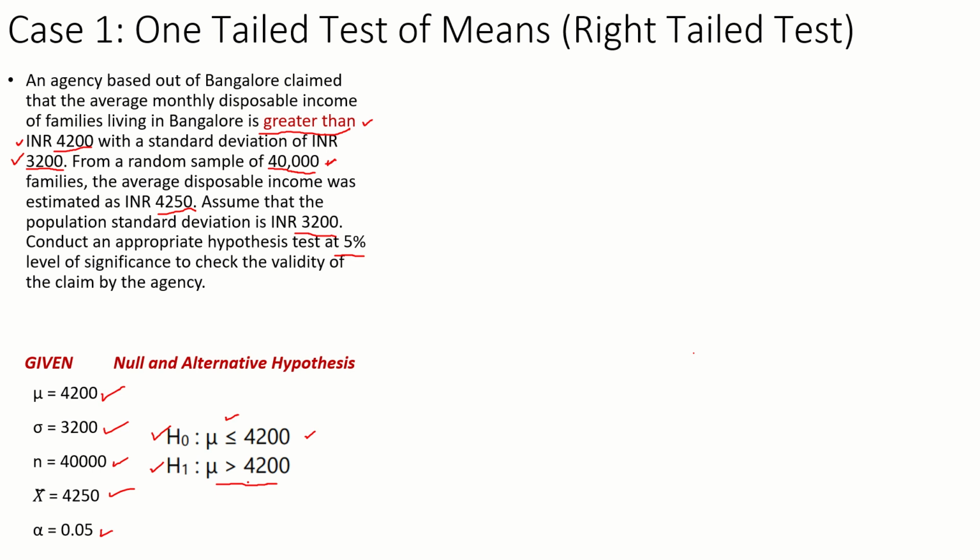Always try to understand this when we frame hypotheses. The rejection region or tail has to be located in the direction of the alternative hypothesis. What is the direction of the alternative hypothesis? A one tail test is always one directional, whether to the right or to the left. Here it is in the right direction, therefore it has to be a right tail test.